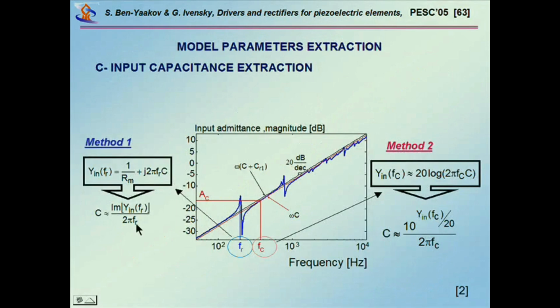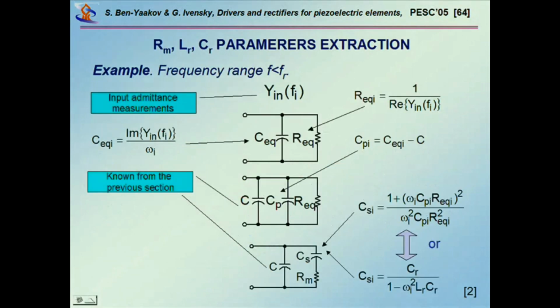There are two ways to do it. We can either look at the imaginary part here and from this get the capacitance, or assume that this is a straight line and then just do the capacitance measurement from the impedance at this particular point. Okay, so this is a fine point. Don't worry about it too much. It's just improving the fitting.